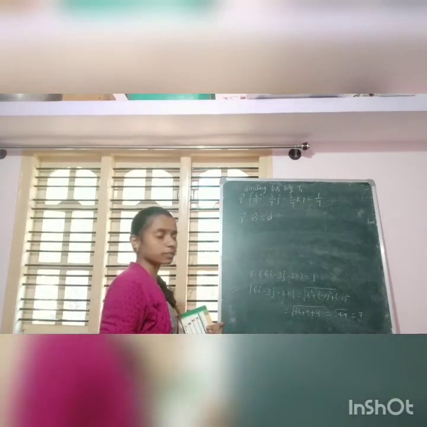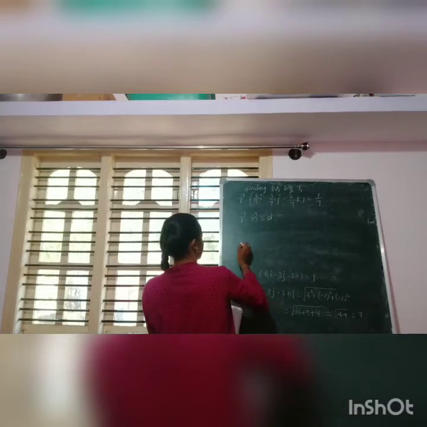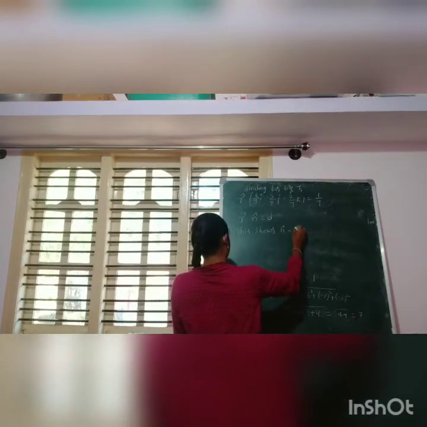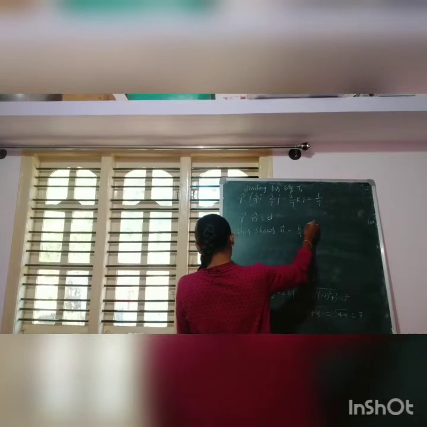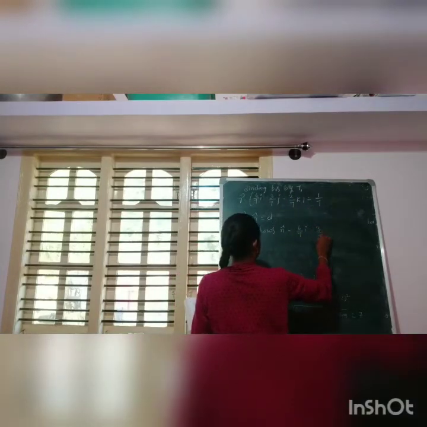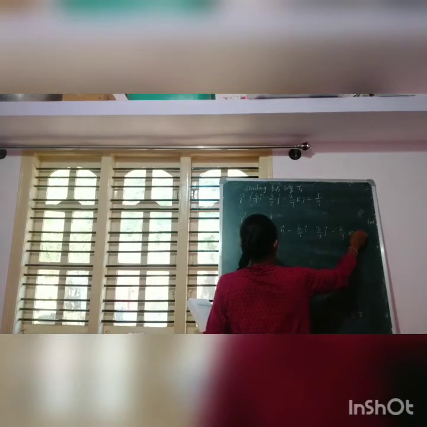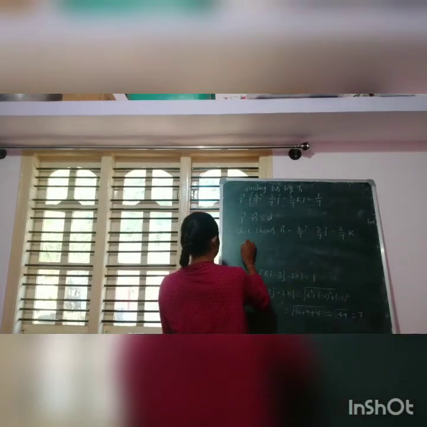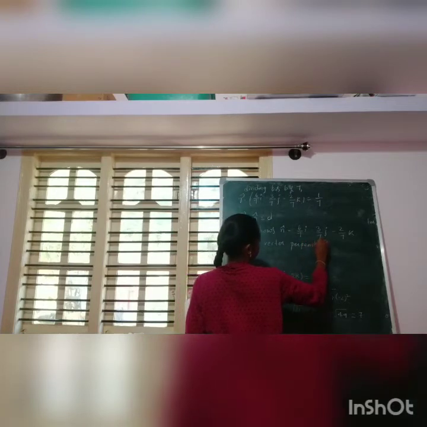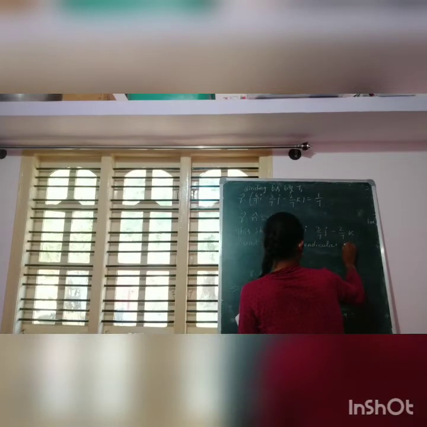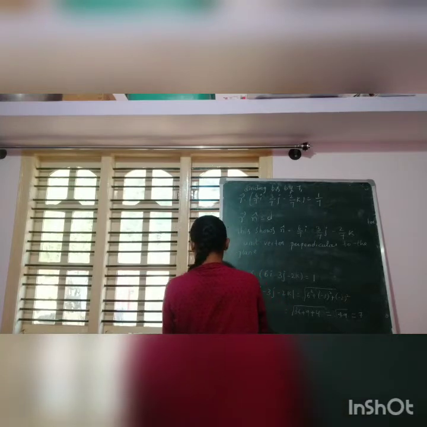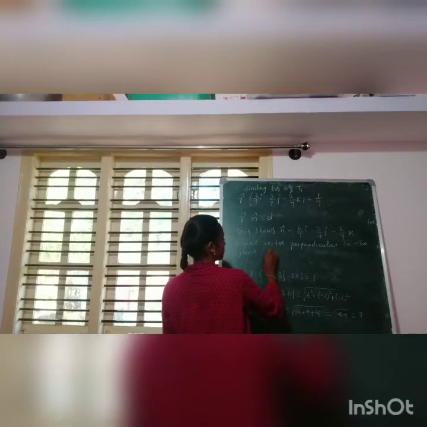So n cap is nothing but the unit normal vector. Hence I can conclude the problem. n cap is 6/7 i minus 3/7 j minus 2/7 k, which is a unit vector perpendicular to the plane through the origin.